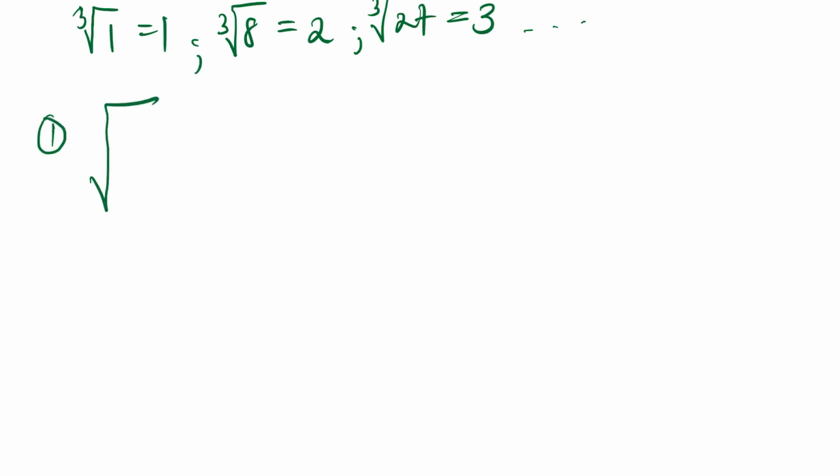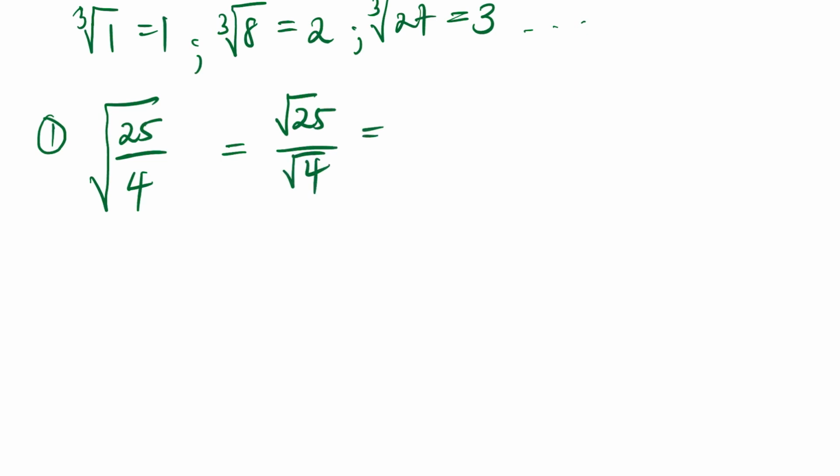Let's say we have the square root of 25 over 4. So what is happening here? Everything that is inside the square root, we're going to put the root under it. So we're going to have square root 25 divided by square root 4.